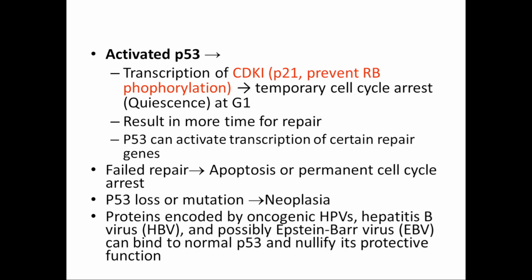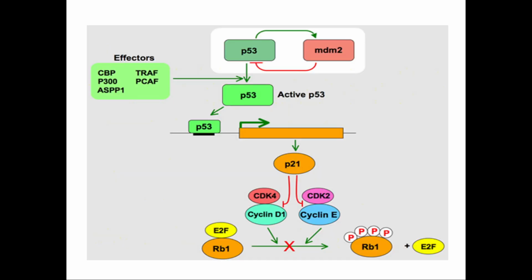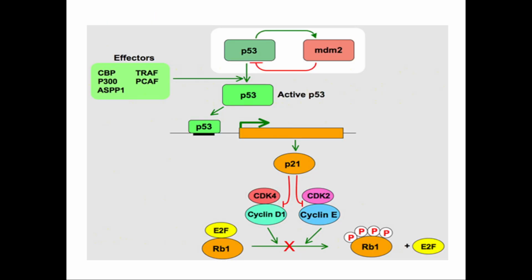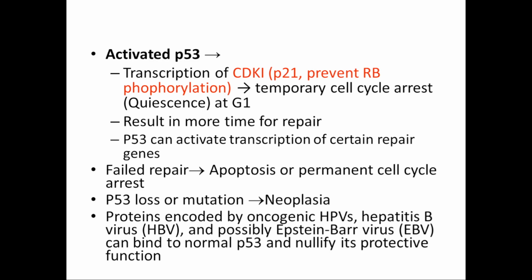The transcription of cyclin-dependent kinase inhibitors is increased by P53, as you see here. Cyclin-dependent kinase inhibitors are activated by P53, so they prevent cyclin-dependent kinases. This leads to temporary cell cycle arrest at G1, which gives the cell more time for repair.